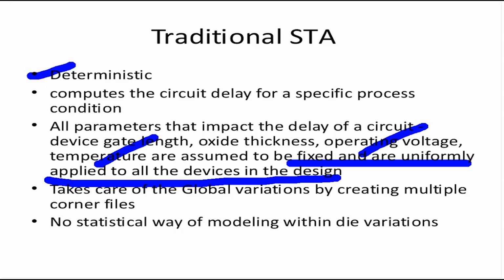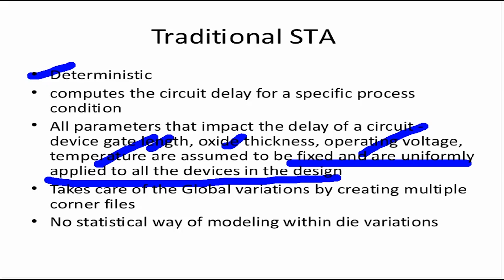The device gate length and oxide thickness do not influence the STA directly. These are part of the PVT. Operating voltage is V, temperature is T, and device gate length and oxide thickness are part of the P. It takes care of the global variations by creating multiple corner files, with no statistical way of modeling within-die variations.